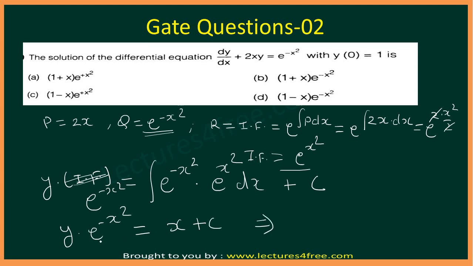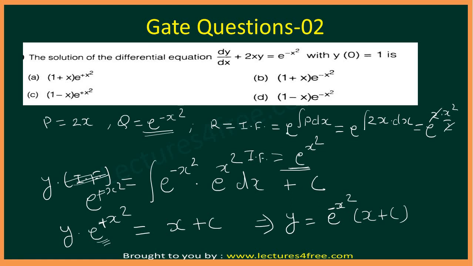Okay. Now move this e to the power minus x square to the right hand side. So you will get y is equal to e to the power, sorry, here it will be plus x square because our integrating factor is e to the power x square. So you will get a plus sign here, and if you shift this to the right hand side, you will get y is equal to e to the power x square into x plus c.